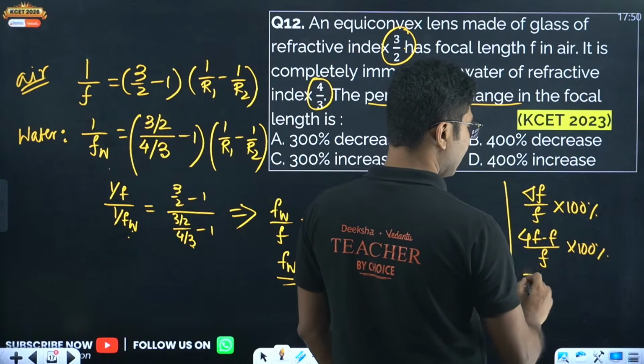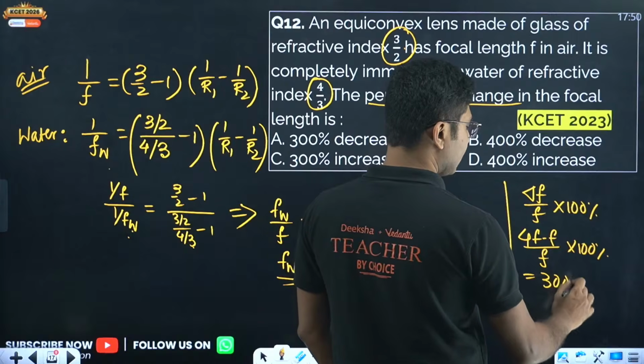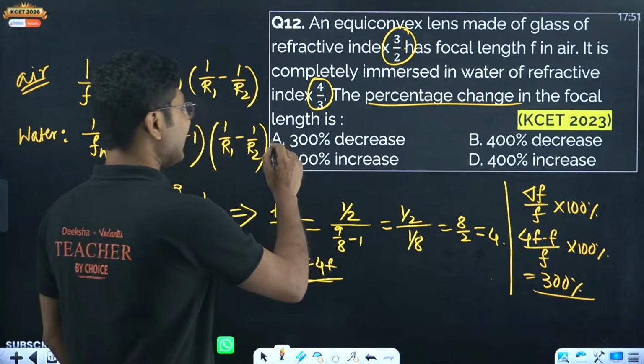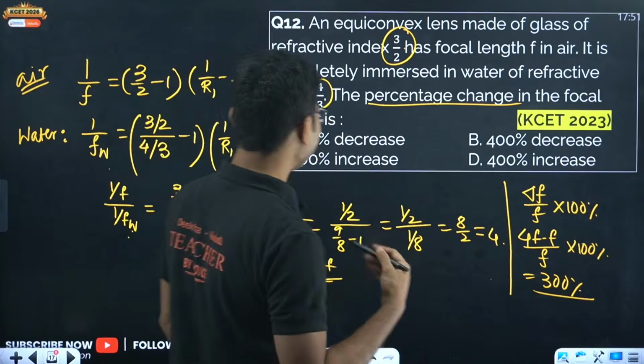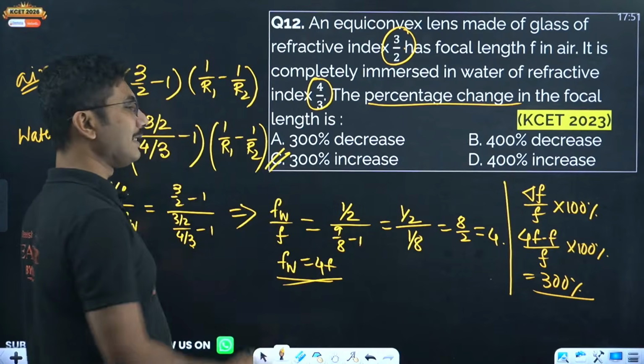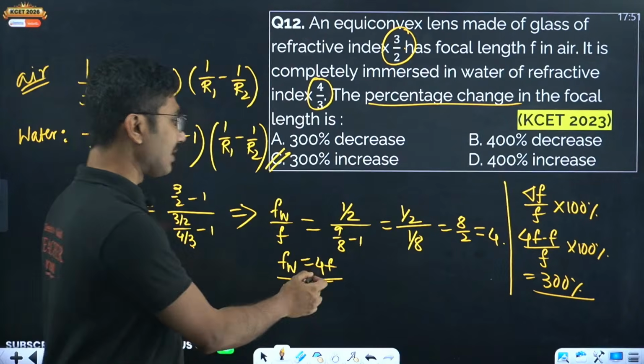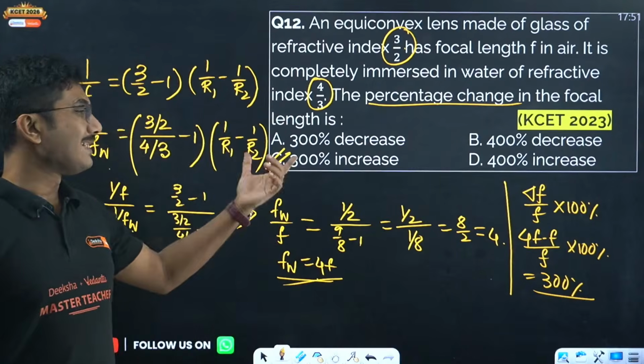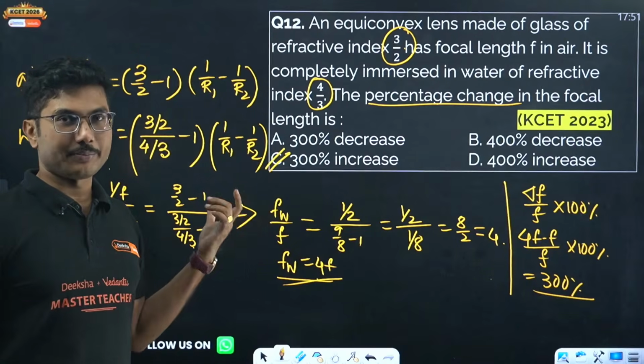So you will get 300%. Okay, this is the change. 300% increase. Don't make the mistake, after calculating this, of saying 400% increase. The change will be only 300%.